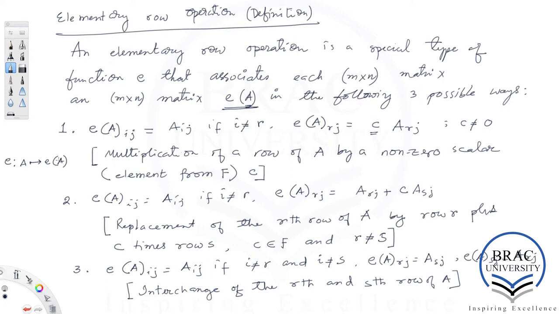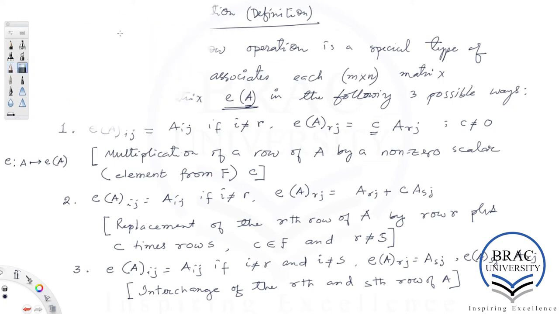These are the three basic types of elementary row operations. Okay, so let me erase everything.